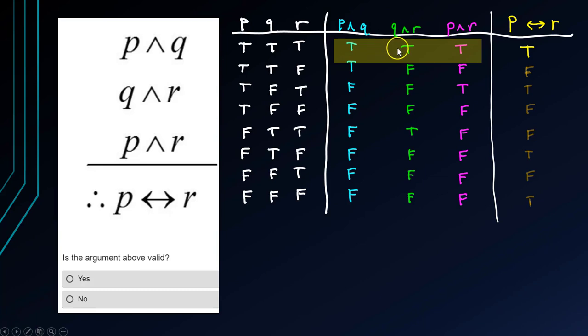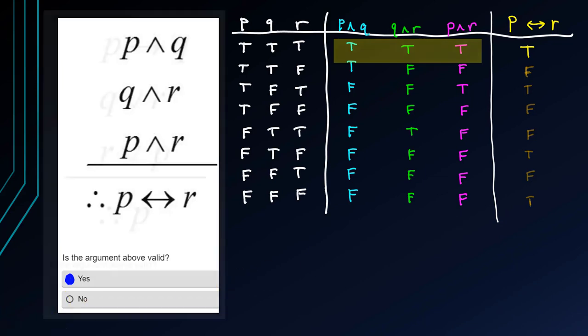There's only one case where they're true at the same time, and when they are, this statement is also true. So because of that, this is a valid argument. Now, if this occurs multiple times, then it would have to be true every single time. If one of them happens to be false, then it's invalid.